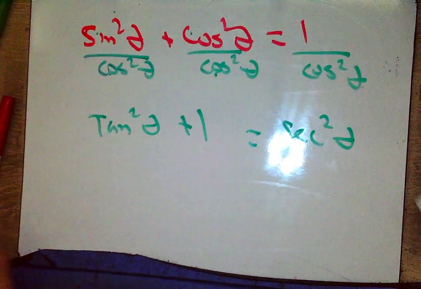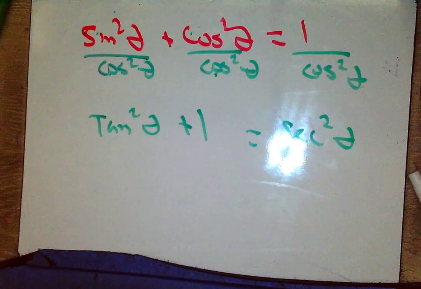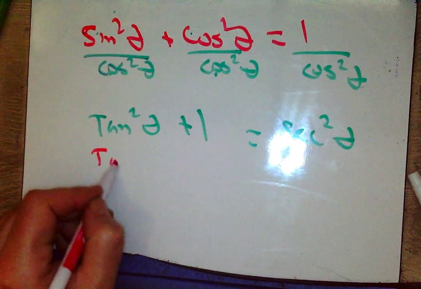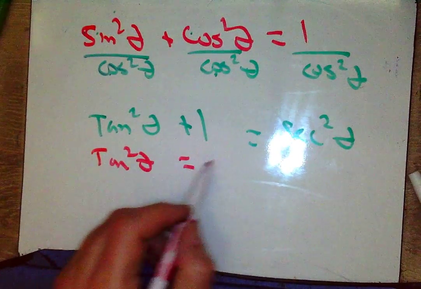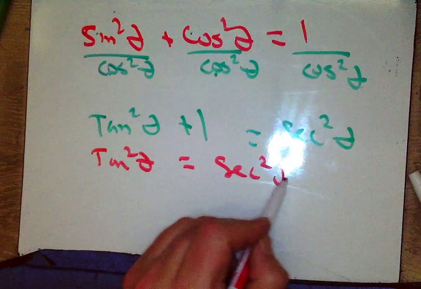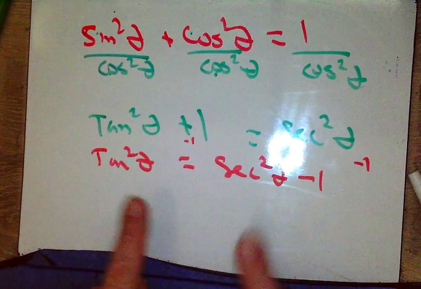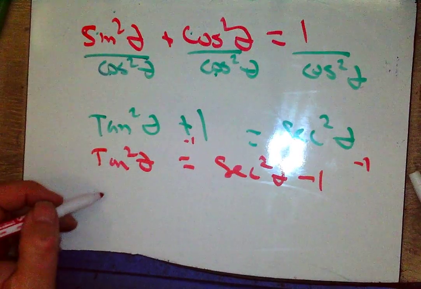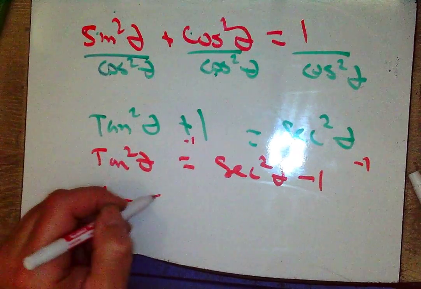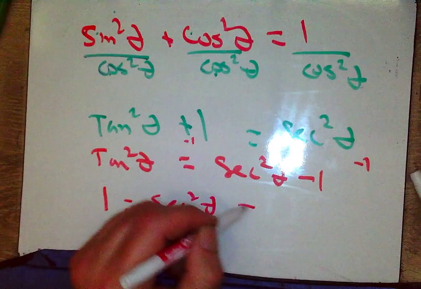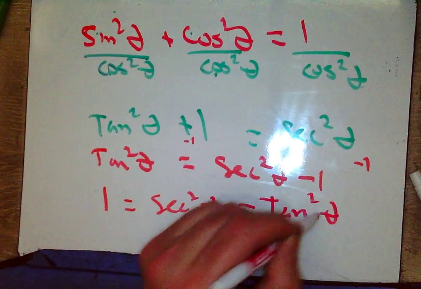Okay, so what are the other ones we need to know? Well, I do need to know that tangent squared theta equals secant squared theta minus 1. If I subtract this 1 from both sides, that's what I get. Or 1 equals secant squared minus tangent squared. Right?